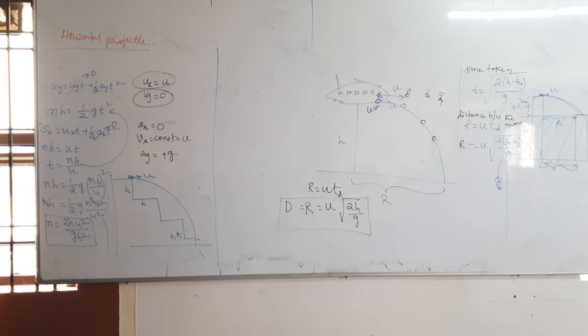Okay. Next, the second case. As per the observer on the ground, the path of the bomb is a parabola, in brackets horizontal projectile.